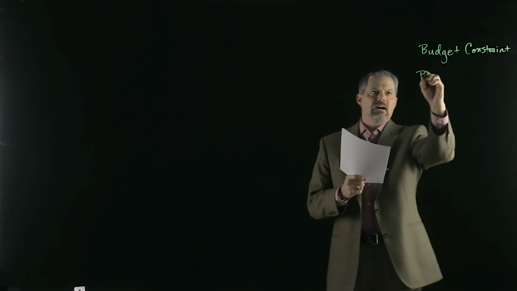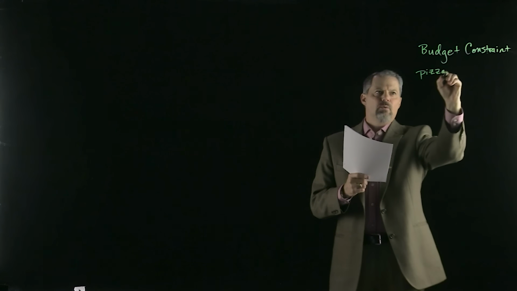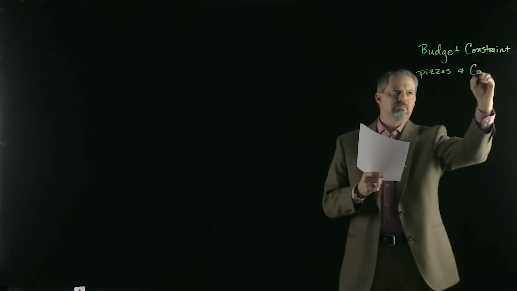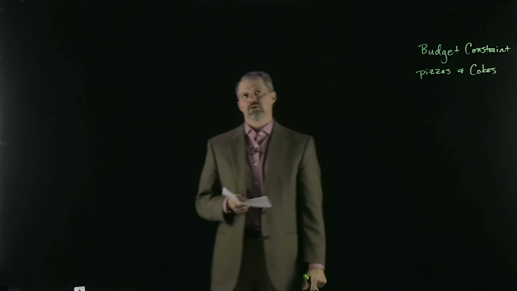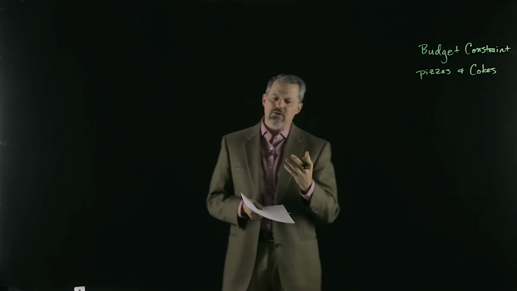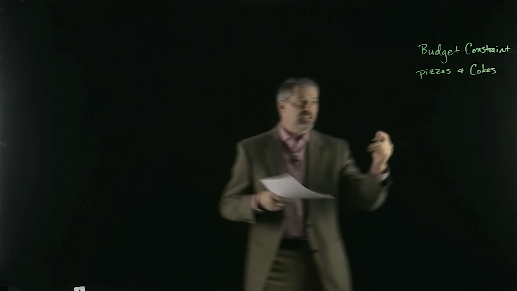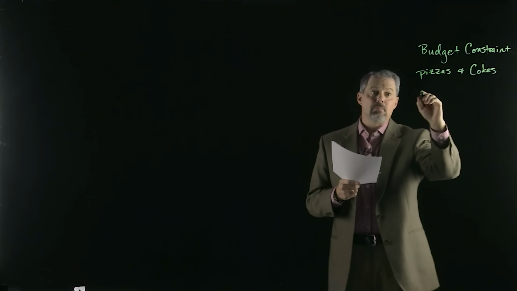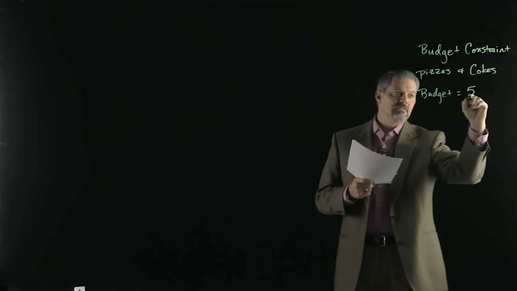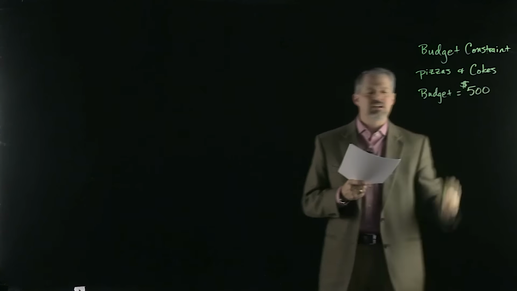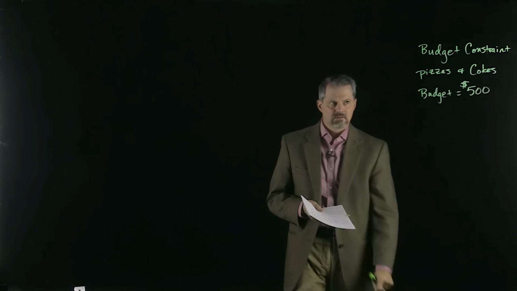We're going to think about pizzas and we're going to think about Cokes. We're going to consider a consumer who has to take a certain amount of money. Let's say that the income that they've got, or their budget, let's say, is $500. Okay, so you've got $500. Maybe this is for a month.